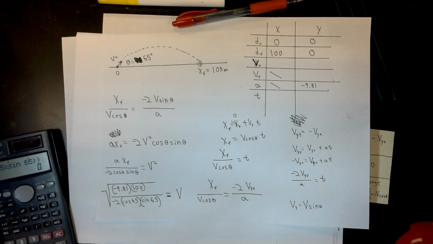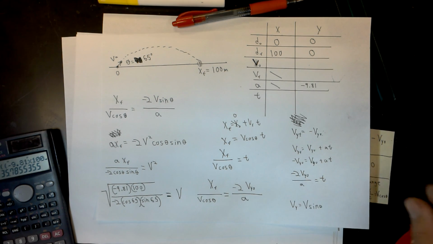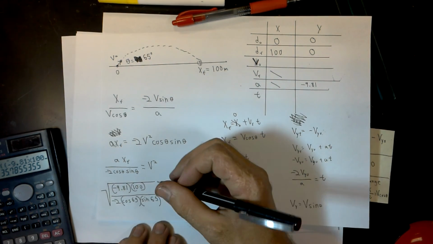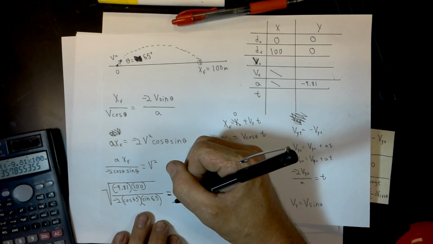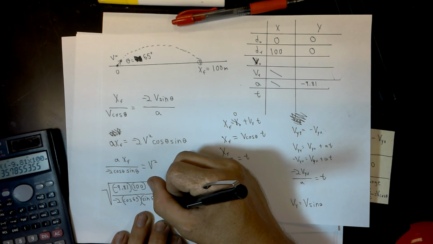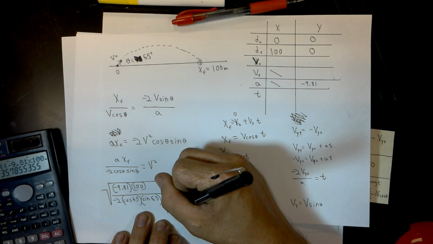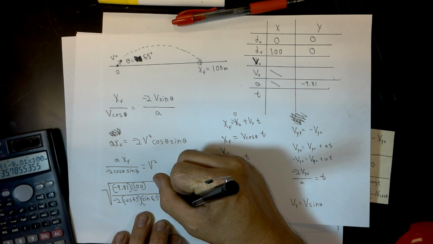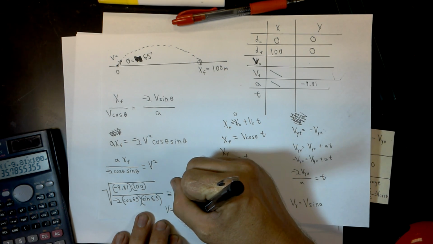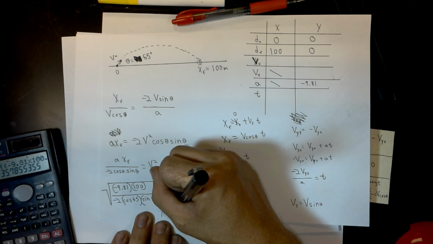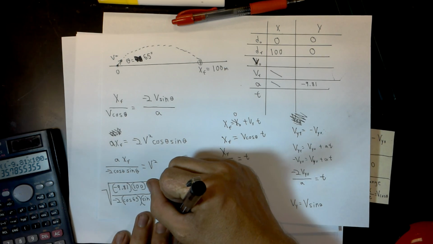I hope this doesn't give me an error. Boom! Look at that. 35.785, whatever. I'm just simply going to say V equals, 2 sig figs, 36 meters per second.